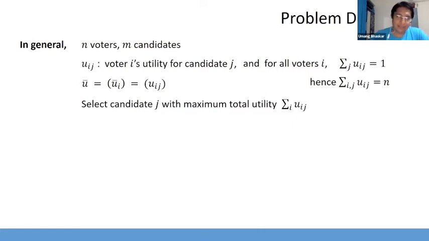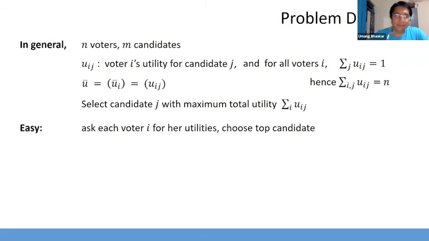For the most part, I'm going to use this unit sum assumption, which also means that if I sum up all the utilities over the voters and the candidates, I'm going to get the number of voters, which is N. I'm going to use u bar to denote the vector of utilities. And that's my goal: I want to select the candidate j which has maximum total utility.